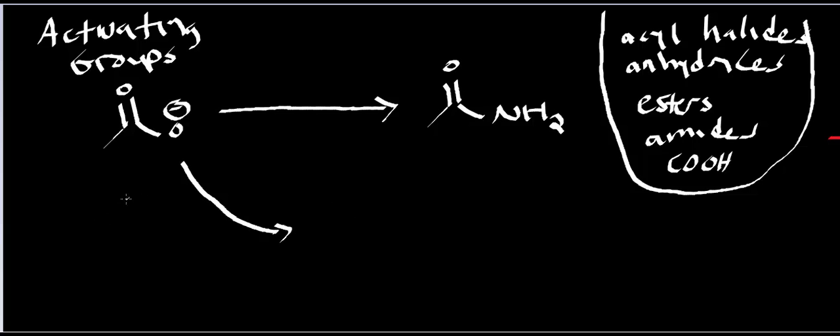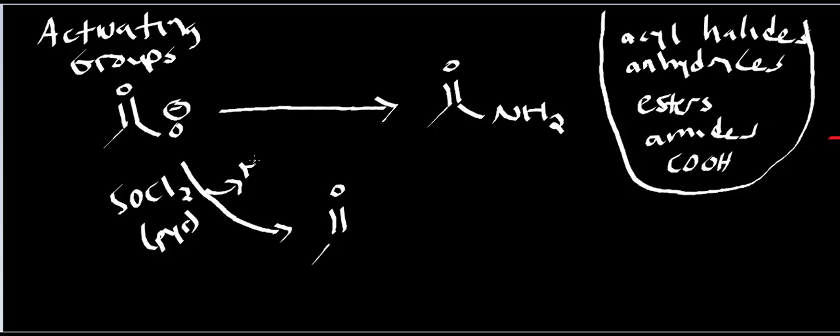What you would typically use is thionyl chloride, with some pyridine in there, and you would get something that looks like this. You would end up losing water in this case, and you'd end up with acetyl chloride. And then from there, you could put in some ammonia, and you'd end up getting that.